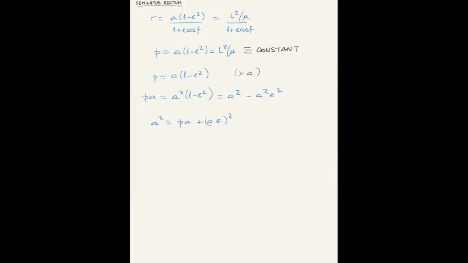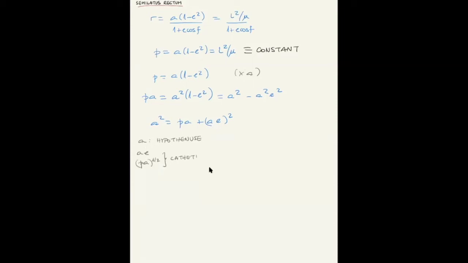So this is the form of the Pythagorean triangle, where you have the hypotenuse on one side and the two catheti on the other side. So the hypotenuse is a and the catheti are ae and the square root of pa.